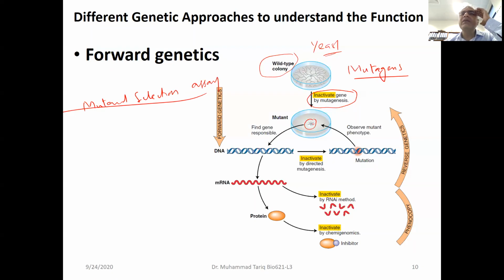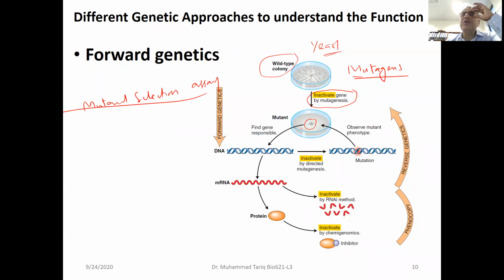You have to have a very intelligent and smart assay in which you can select your mutant, because there will be so many wild type which may have gotten mutation due to treatment with mutagen, but they may not be of interest to you. They may not be in some amino acid biosynthetic pathway. There may be some other genes which do not disrupt amino acid synthesis. So you don't want to deal with them. So you have to select your mutant.